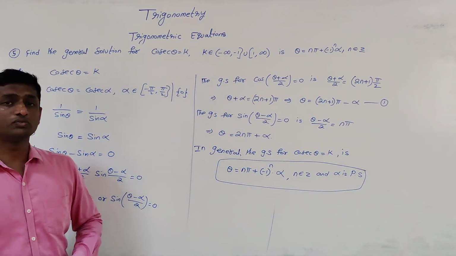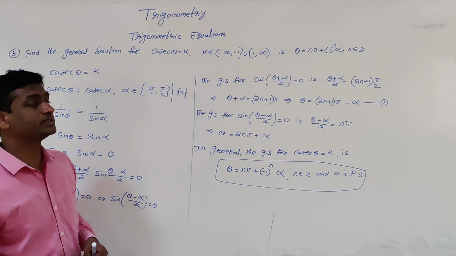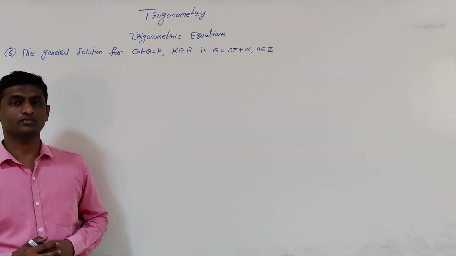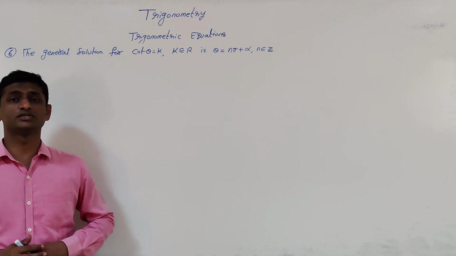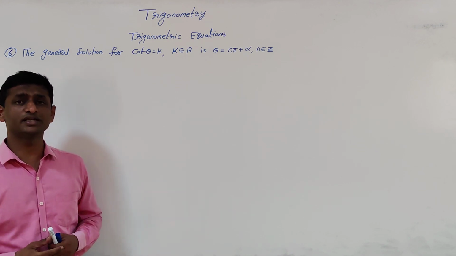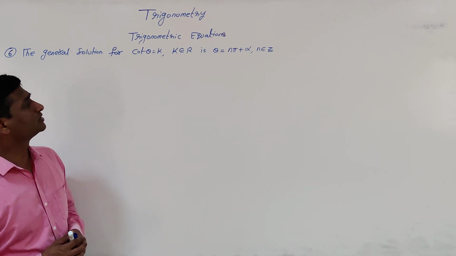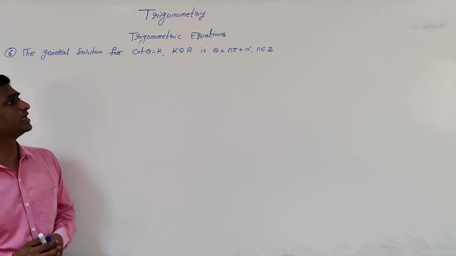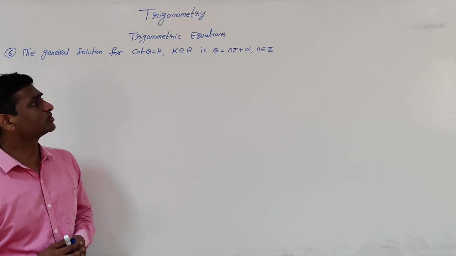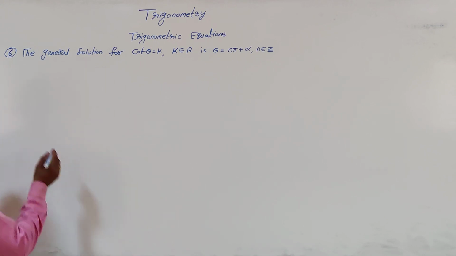Next, we'll go for one more trigonometric equation, that is cot theta equal to k. Find the general solution for cot theta equal to k, where the range of cot theta is R. So the general solution is theta equal to n pi plus alpha, where n belongs to Z. So we'll see the proof.